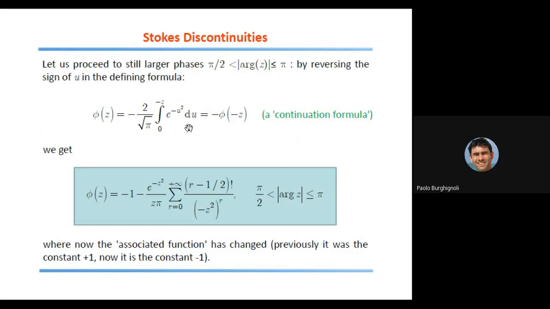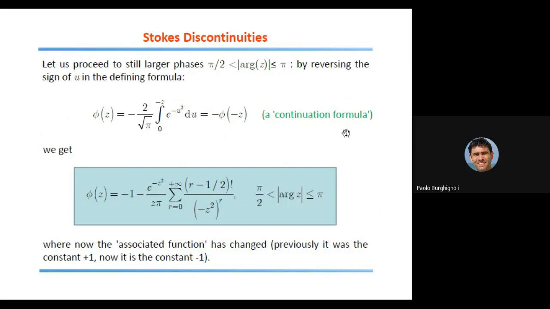So if you do that, you will discover that phi, the error function of z, is equal to minus phi of minus z. So there is a relation between what happens in the right and in the left half planes. This is technically known as a continuation formula, because if you know the behavior on one of those half planes, then you know what happens in the other one.